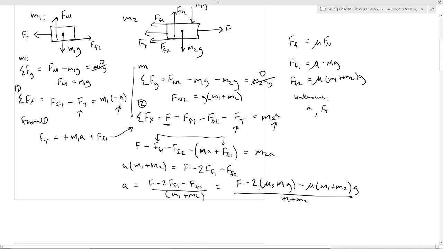And notice there's a factor of mu s m1g, and there's an additional factor of mu m1g here.